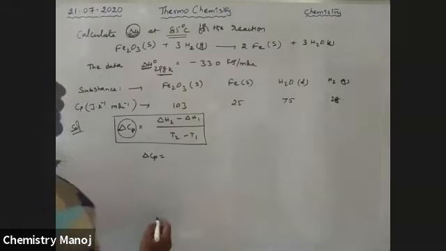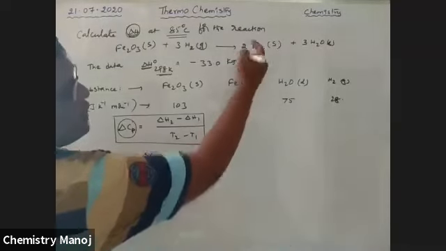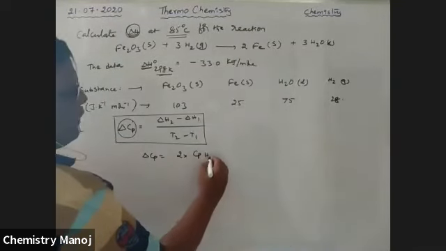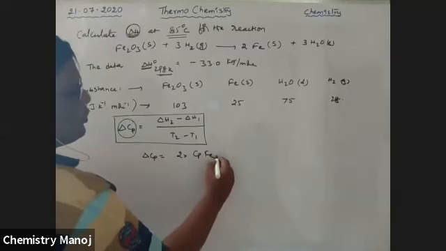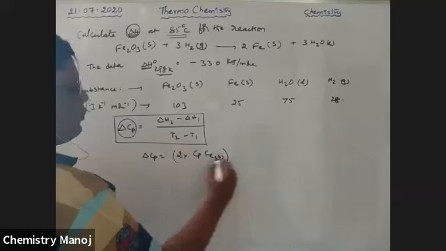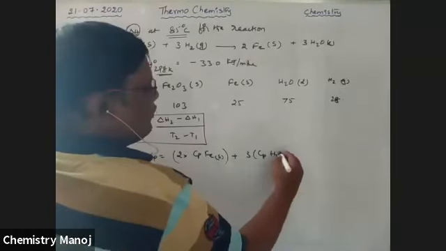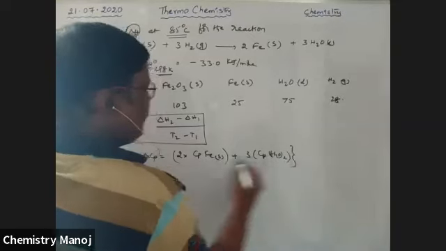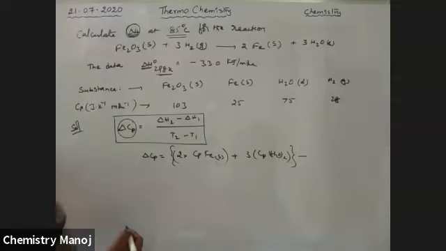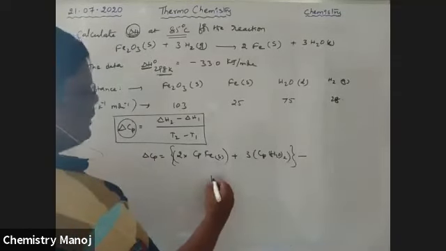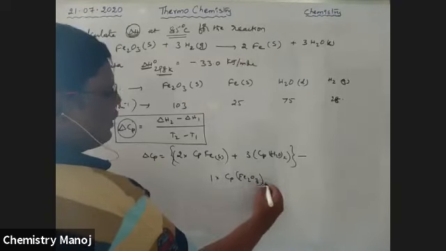Products: 2 moles, so 2 into Cp of Fe solid, plus 3 into Cp of H2O liquid. Now minus reactants value: 1 mole, so 1 into Cp of Fe2O3 solid.